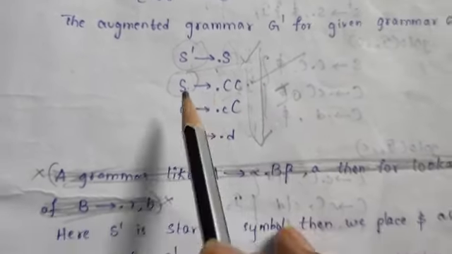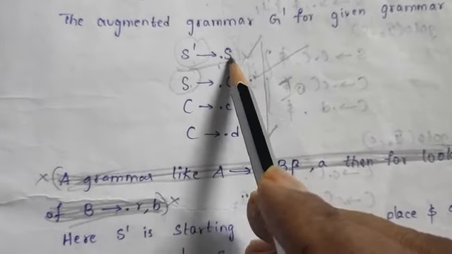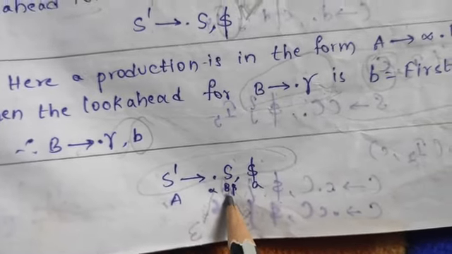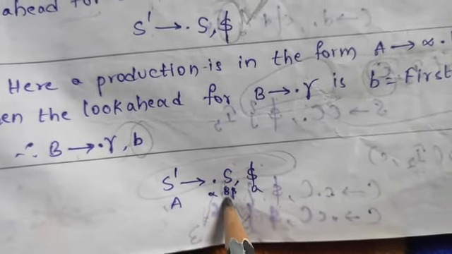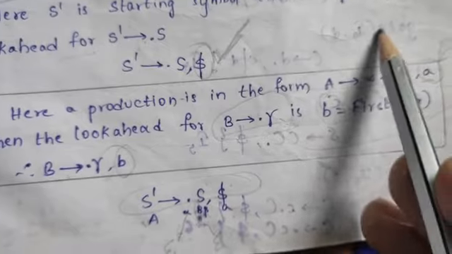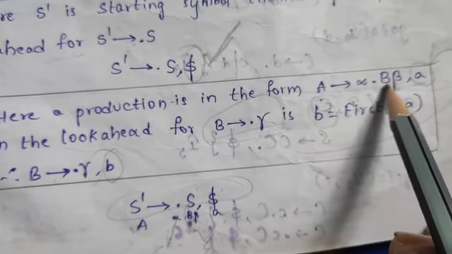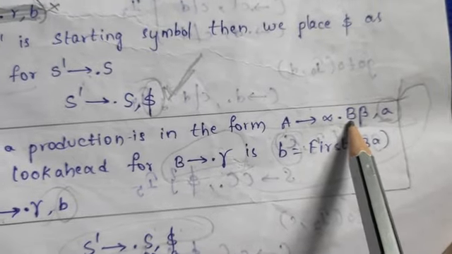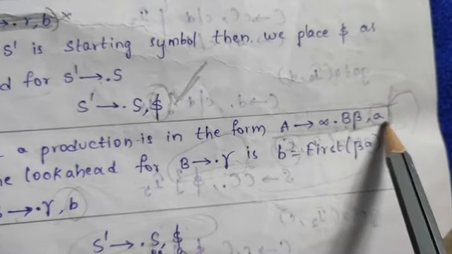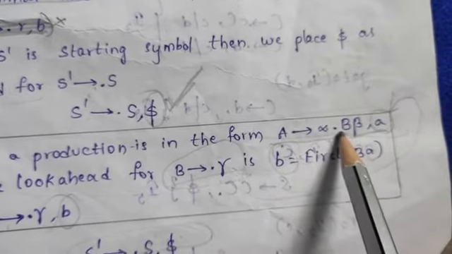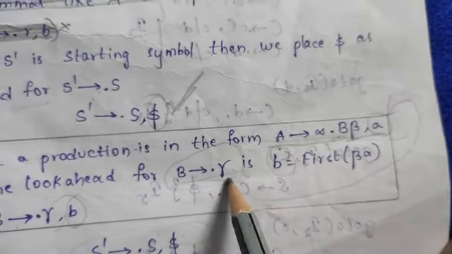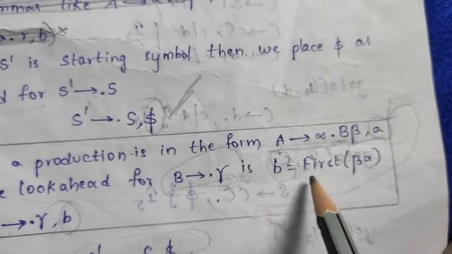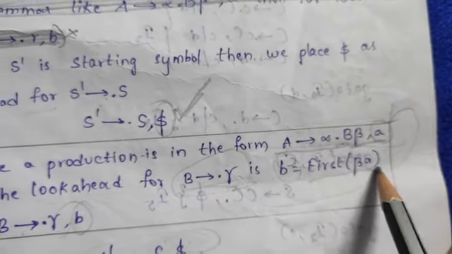Based upon this production, we take S as B. Why? Because here the dot is before the non-terminal B, so the production is like that. Then for a production starting with this non-terminal, the formula for finding the look ahead is first of beta a.